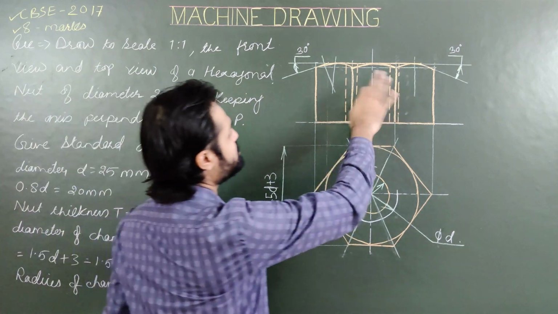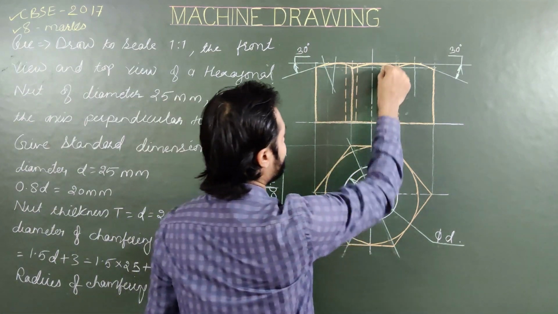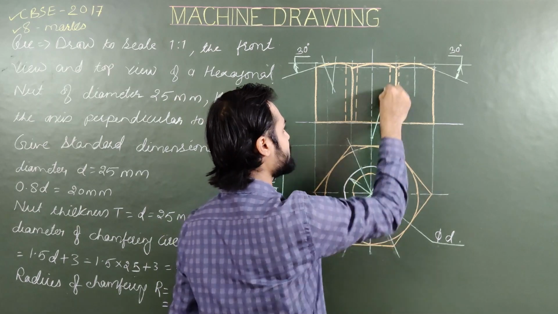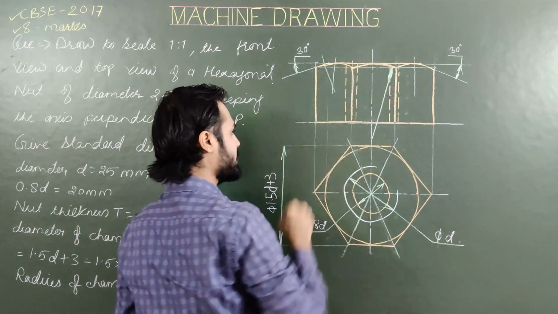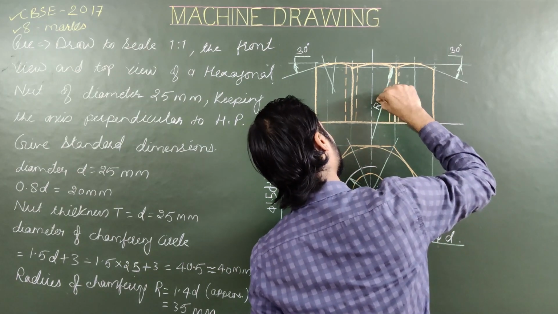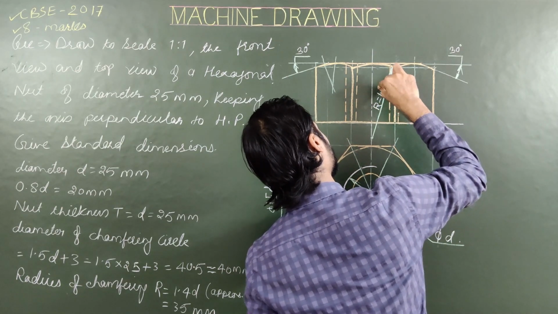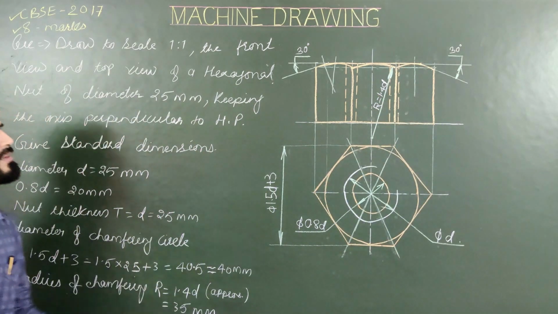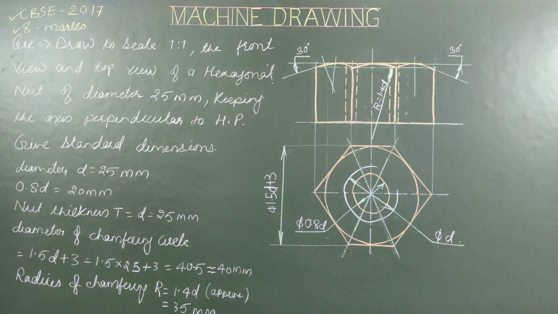For these two arcs, don't show center and radius, and for the central arc, from the center, this is the radius. R equals 1.4 of d, or just write R. Right.